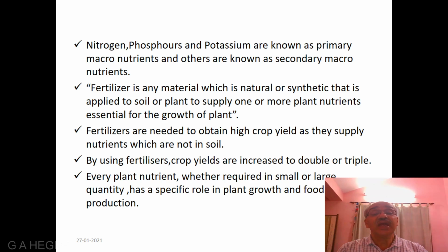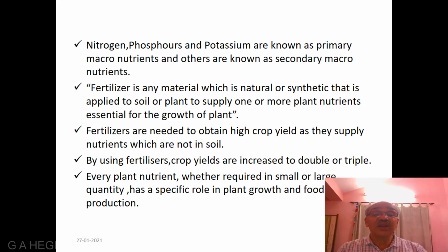Fertilizer is any material, natural or synthetic, that is applied to soil or plant to supply one or more plant nutrients essential for the growth of plant. Fertilizers are needed to obtain high crop yield as they supply nutrients which are not in soil.